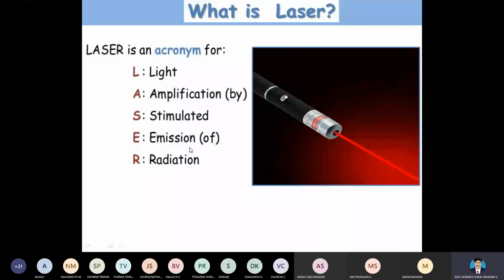We know the acronym for the laser. L stands for light, A stands for amplification, S stands for stimulation, E stands for emission, and R stands for radiation. So the light amplified by the stimulated emission of radiation is the laser.